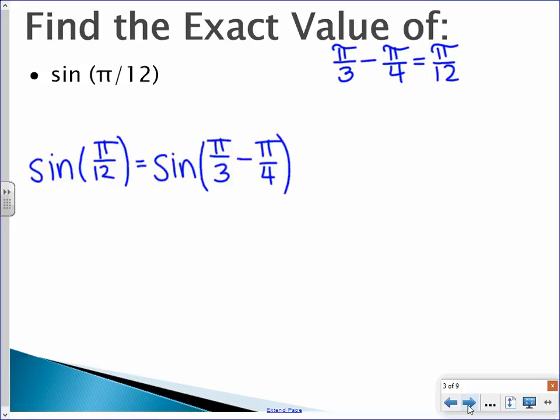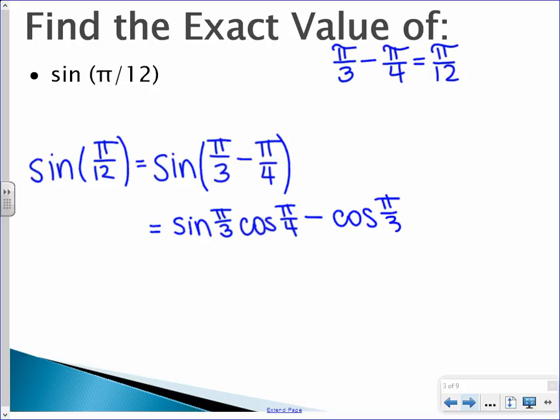So we're going to rewrite this as the sine of u times the cosine of v minus, does yours say cosine u sine v? Yours does, doesn't it? Mine was the other way on the board. Let's just go with what yours says. Cosine u sine v.